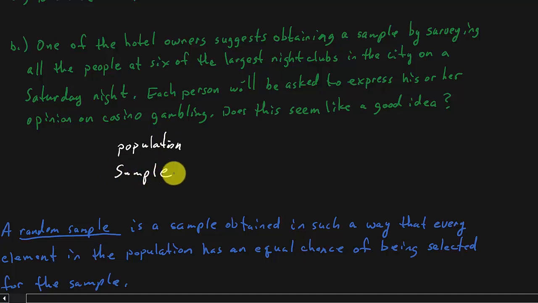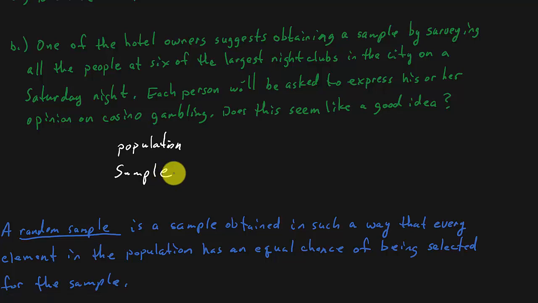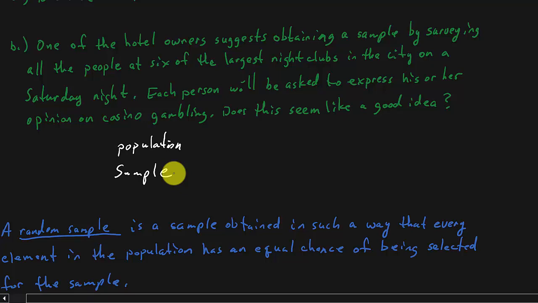You can collect data, and you can have a population or you can have a sample. A population is the set containing all the people or objects whose properties are to be described and analyzed by whoever's collecting the data.